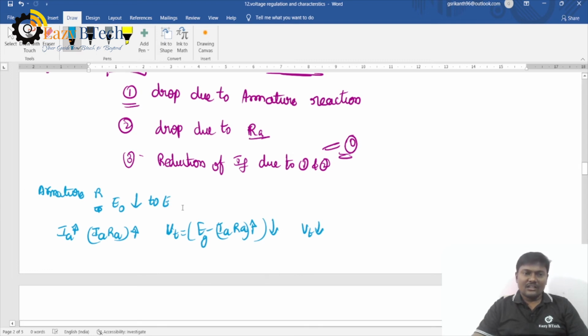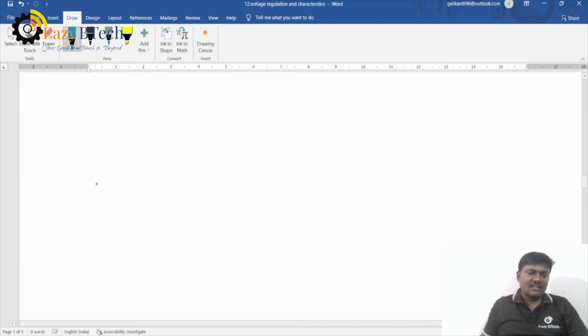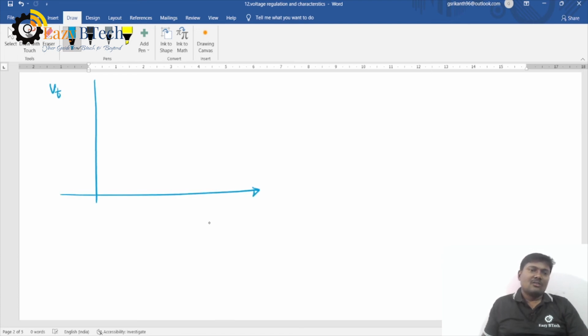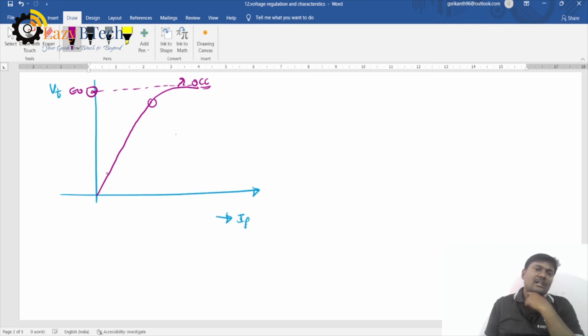Now I should draw the characteristics of a load saturation curve, VT versus IF. Under no load condition, VT is equal to E0. The reference value is E0 only. This curve is called the O.C.C curve. Once it is loaded, the curve will be shifted downwards.